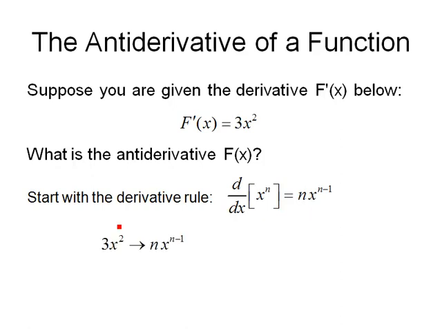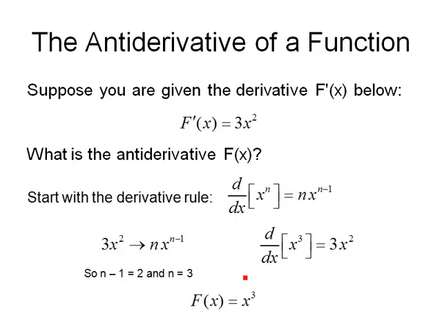So if we match up 3x squared, our derivative, with the result of the power rule, which is n x to the n minus 1, we know that the n minus 1 must correspond to the 2, so n must be 3. So that tells me that the derivative of x cubed is 3x squared, so the antiderivative is x cubed. Capital F of x is equal to x cubed.